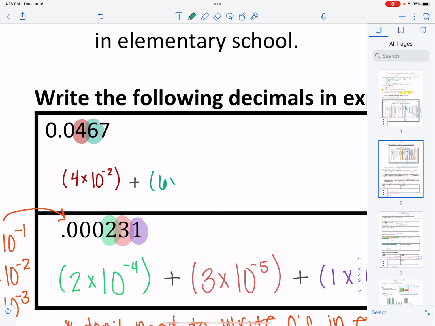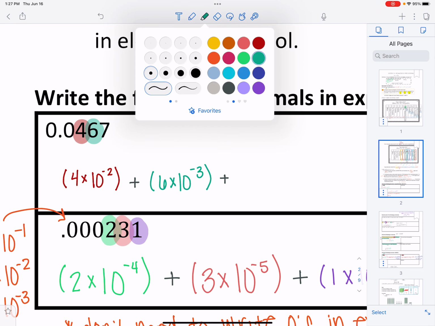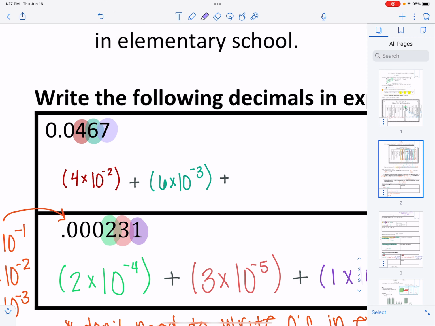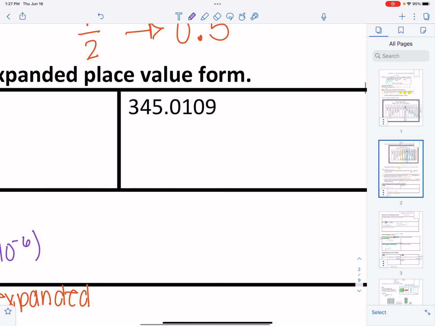So 6 times 10 to the negative 3 plus the last digit, or 7 times 10 to the negative 4. And so that's going to be your expanded form.